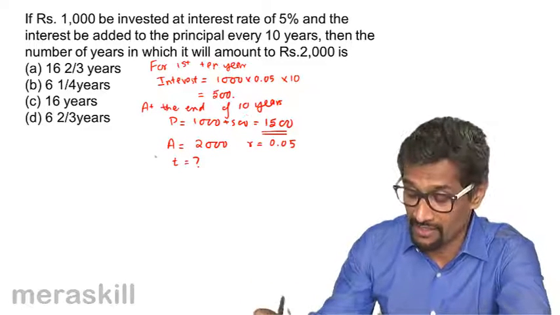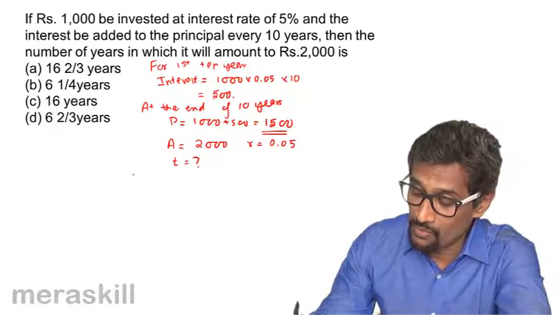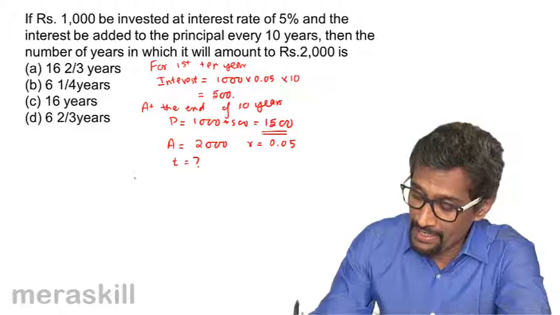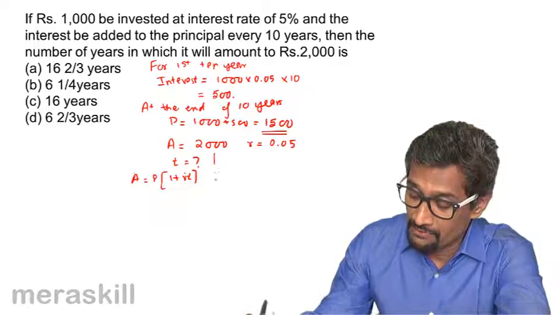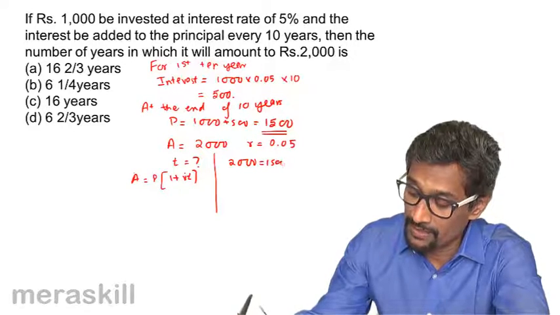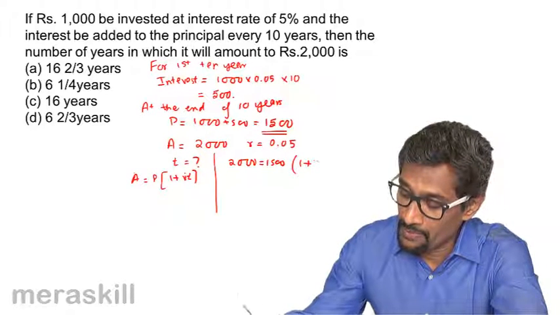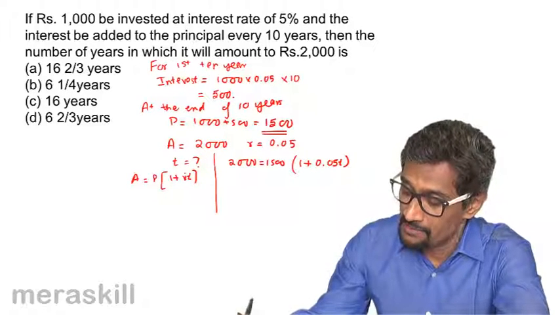T after 10 years. So now again, we have to see how it becomes. So A is 2000, so A is equal to P into (1 plus RT), which turns out to be 2000 is equal to 1500 into (1 plus 0.05 T).